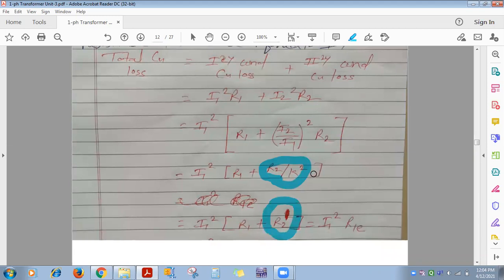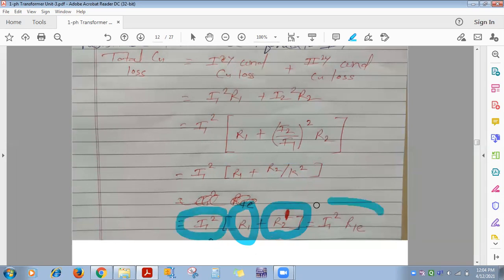So R2 dash is R2 by K square. What does it mean? R2 from secondary you have transferred to primary. On the primary side, resistance is already there. Transferred secondary winding resistance, which is R2 by K square, and the current flowing through that is I1 square, will give the total copper loss. Okay, like this it is calculated.